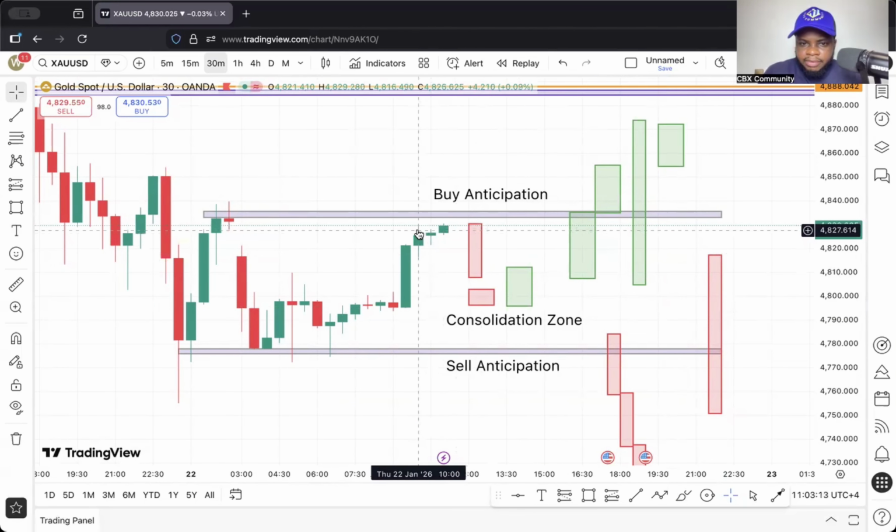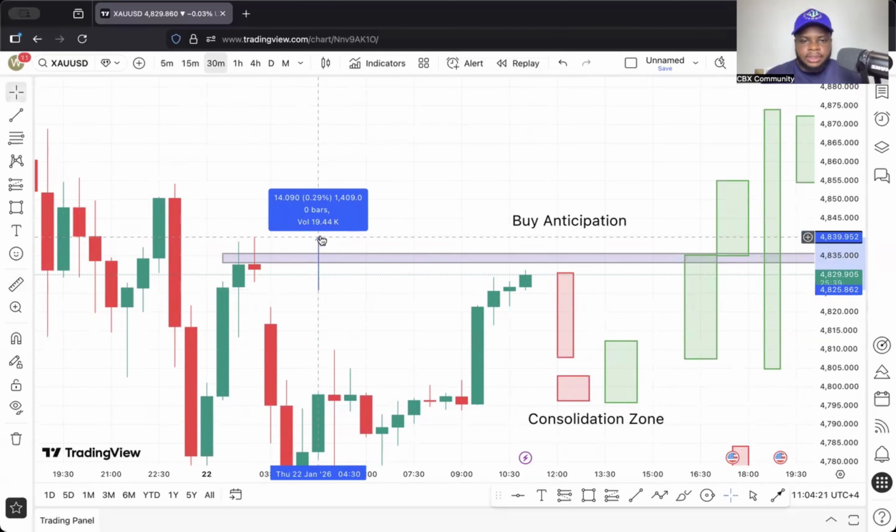Let me see from the low of this candle down to this over here, we are looking at 140 pips. 140 pips from the low of this candle to the high of this candle.